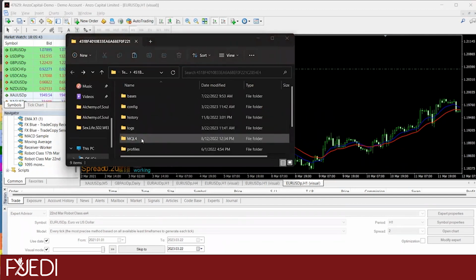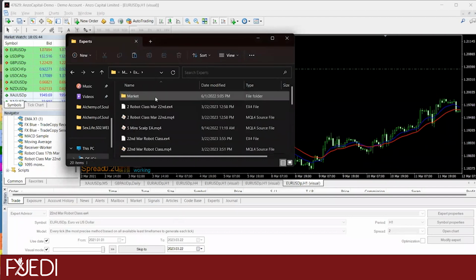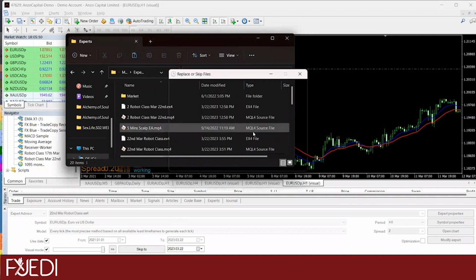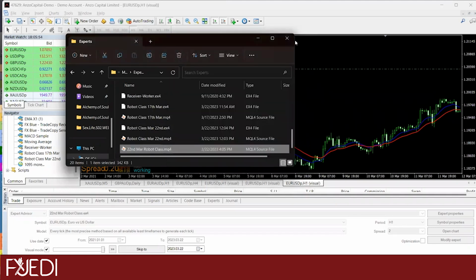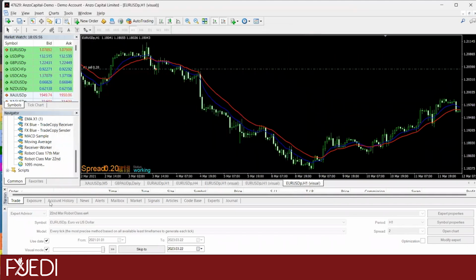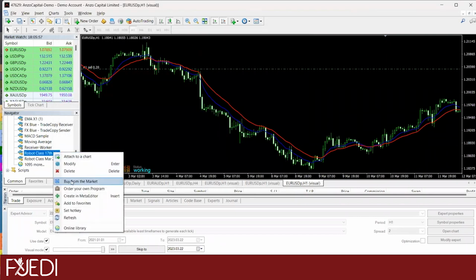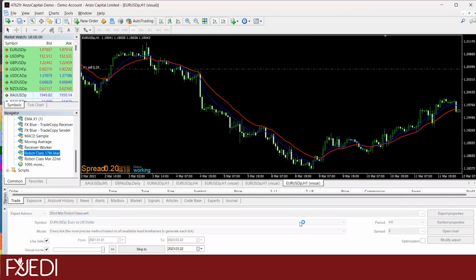Go to the MQL4 file, expand, and then just Control V to paste it. It should ask me to replace the old one, which is what I want to do. So let's replace the old one. And let's close this. Then we'll refresh on the expert advisor window here. So click on refresh.